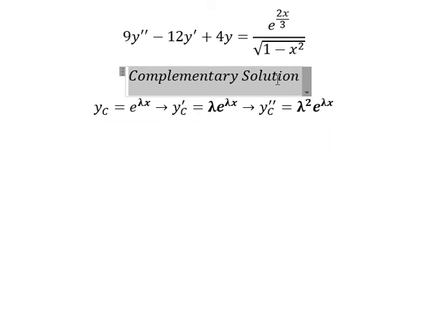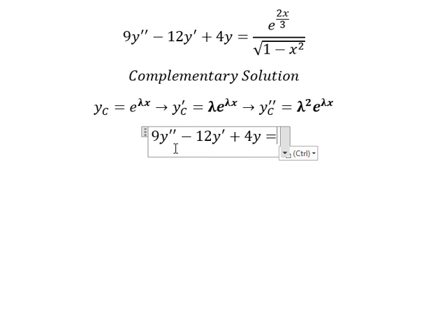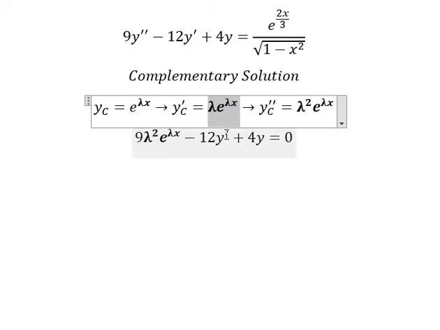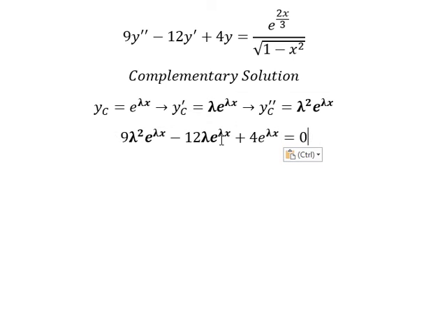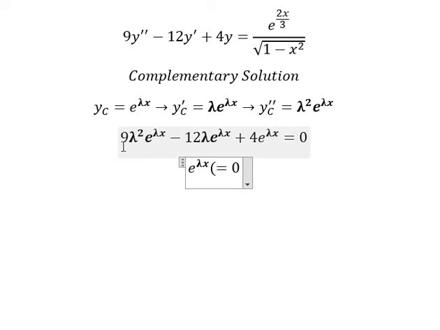Because this is about the complementary solution, this one equals 0. Now I will put this one here, this one here, and this one here. So e to the power of lambda s, we can do factorization, and we have it like this.